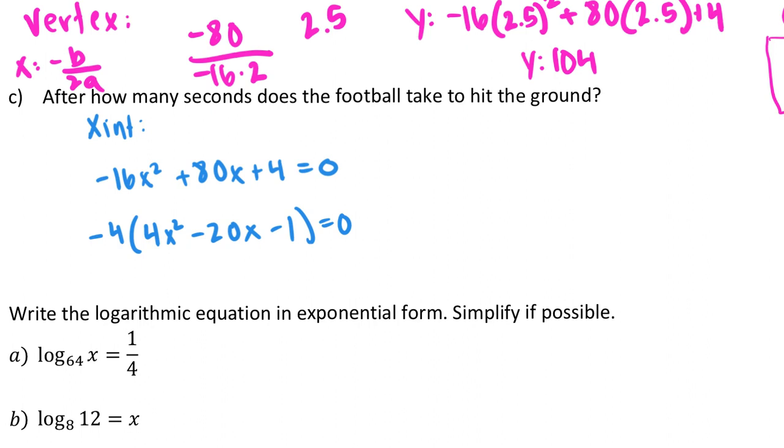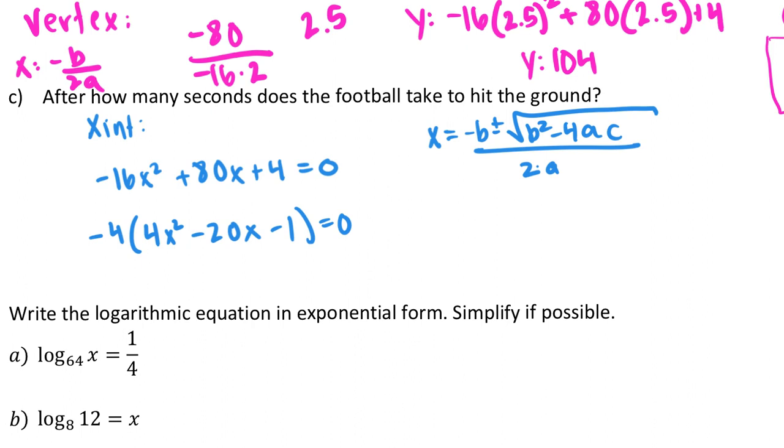I don't believe this factors, so I'm going to use the quadratic formula. We've got here x equals negative b plus or minus the square root of b squared minus 4ac all over 2a. Now, I believe the one that you have on the test will factor.